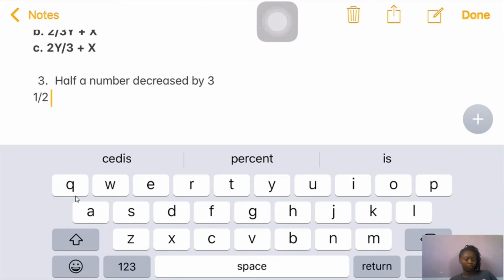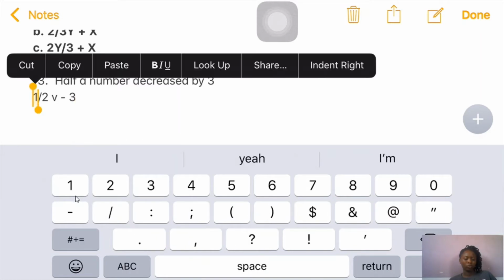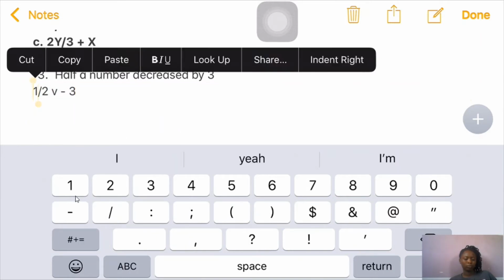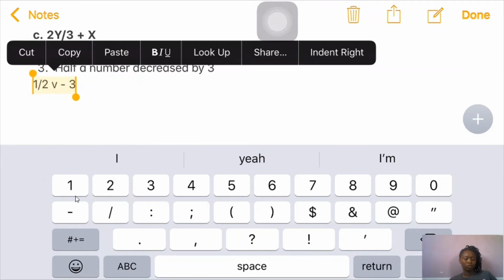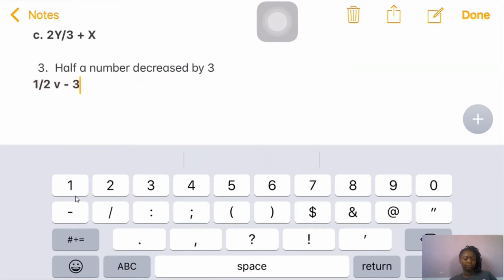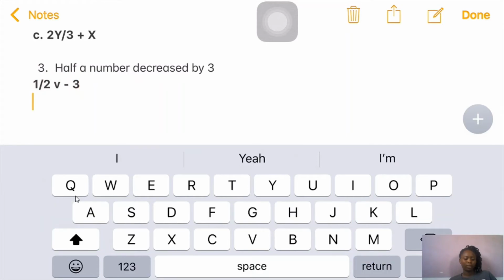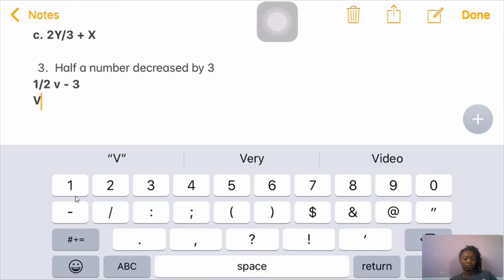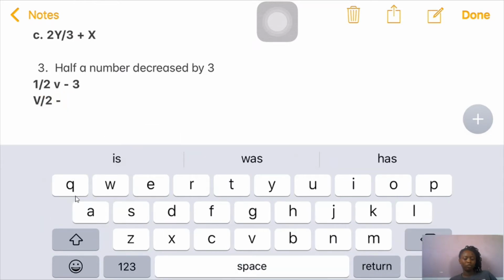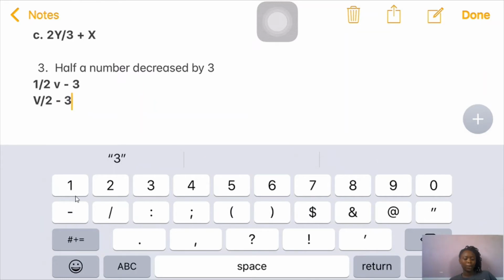So let's say half v decreased by 3. So we are reducing this number by 3. So minus 3. This is very straightforward. Or you can write v over 2 minus 3. Any of these is correct.